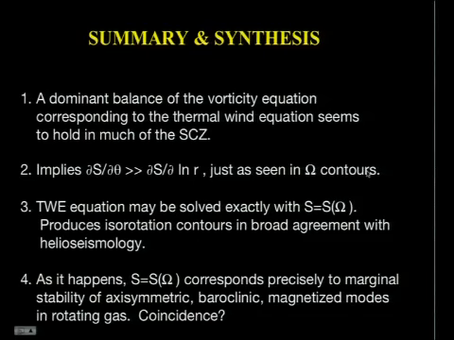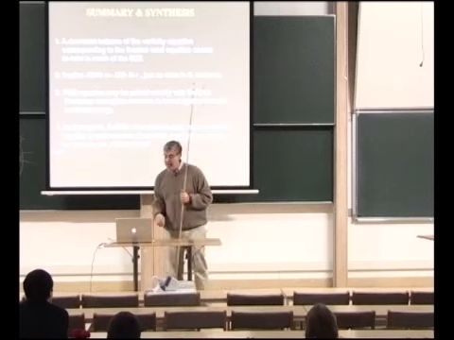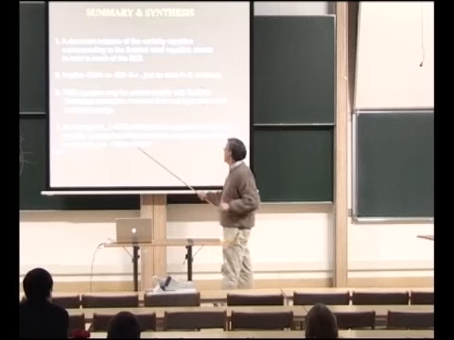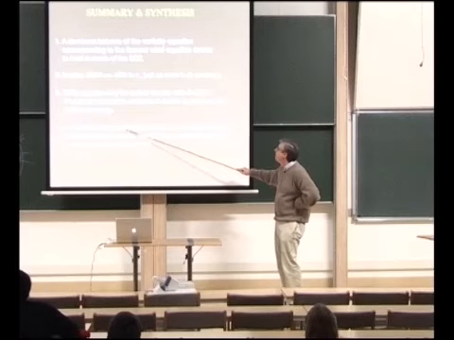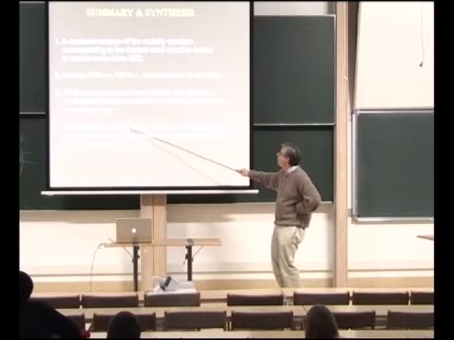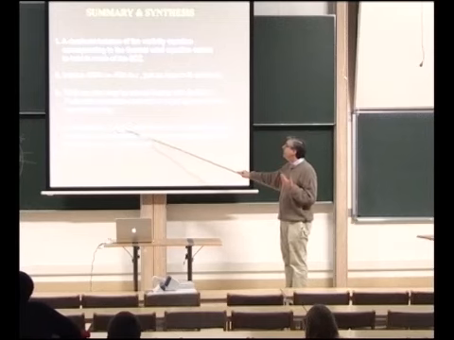And this anisotropy in the θ and r gradients is seen directly in the omega contours throughout much of the convective zone. This thermal wind equation can be solved exactly with the assumption that S is a function of omega, that entropy and angular velocity surfaces coincide. And this produces isorotation contours that seem to be, at least in broad agreement, with the helioseismology data.